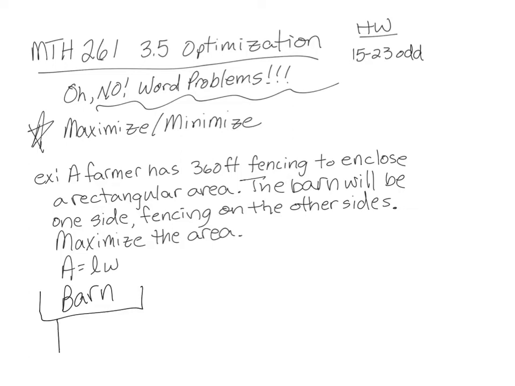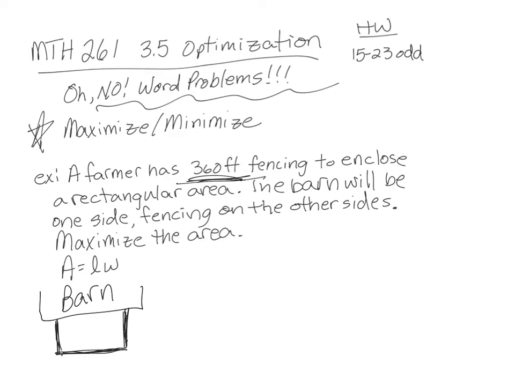We're going to enclose a rectangular area next to the barn. So these sides here are fencing. And if you want to maximize the area, then you want to use all of the fence. And there's 360 feet. So we need to figure out what's the length and what's the width.